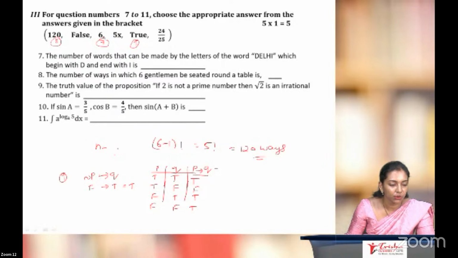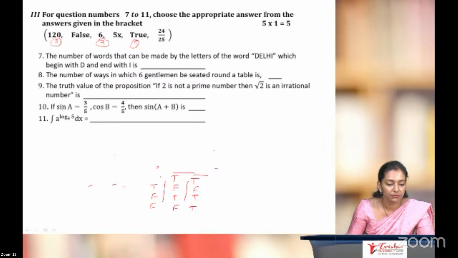Next, 10th one. If sin A equal to 3 by 5, cos B equal to 4 by 5, then sin A plus B. So sin A plus B, what is the formula?